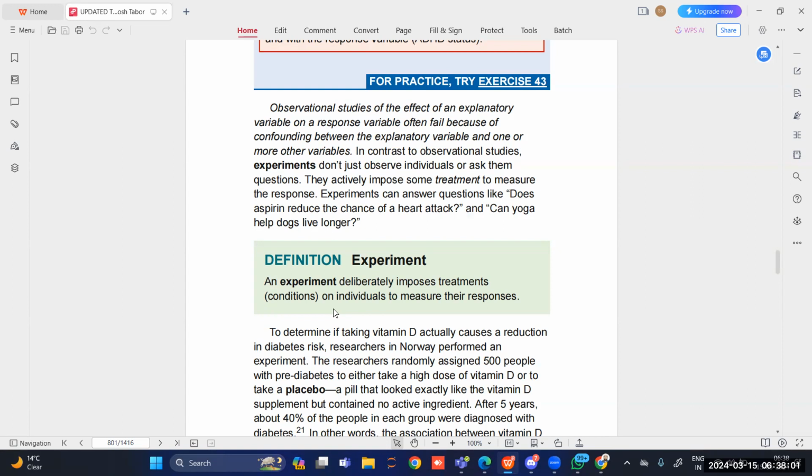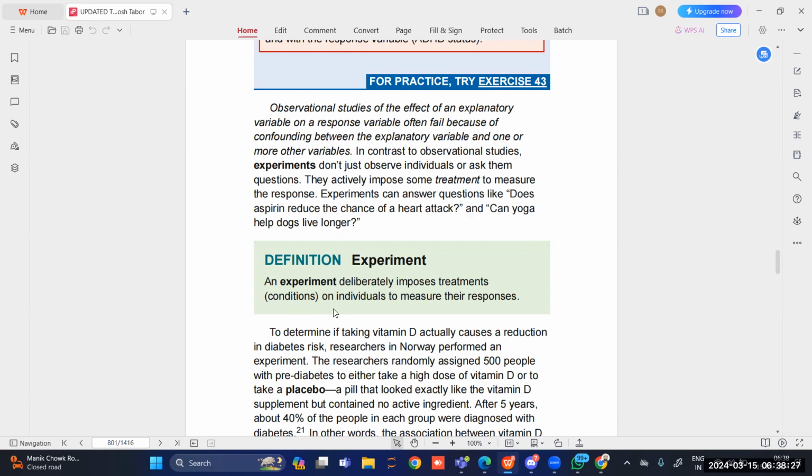I've told you, observation means you are sitting behind and seeing an individual, what response he gives to a specific task. That's called an observation. But an experiment actively imposes some treatment to measure the response.